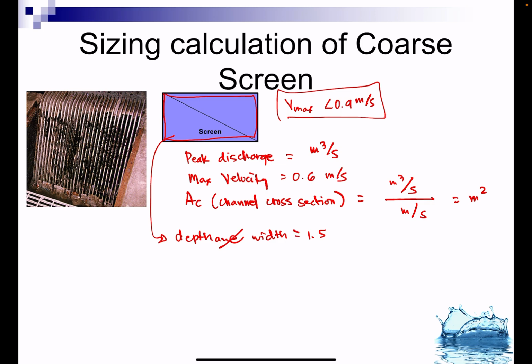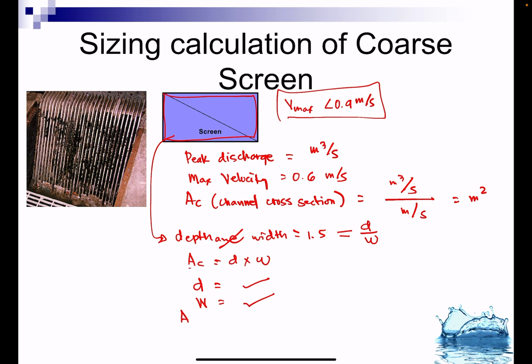Since you know your cross-sectional area, AC, and this is D times W, knowing that 1.5 is equal to D over W, you could compute for the value of your depth and the value of your width.